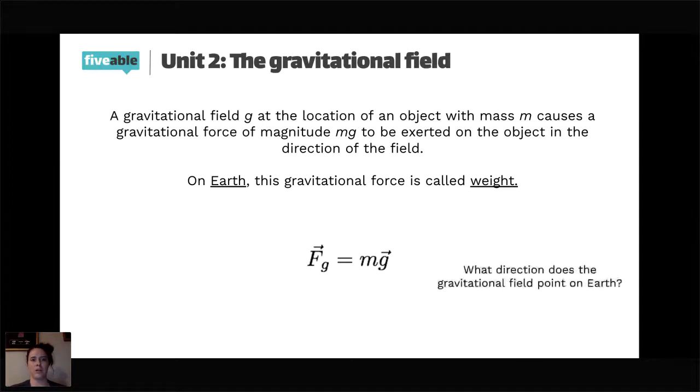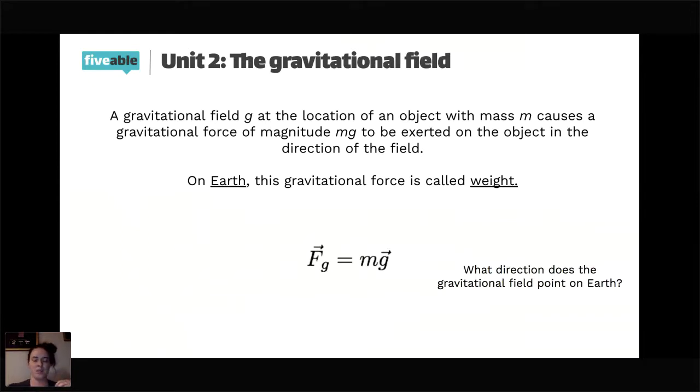So on Earth, what direction does the gravitational field point? Okay, down, towards the center. Yeah.